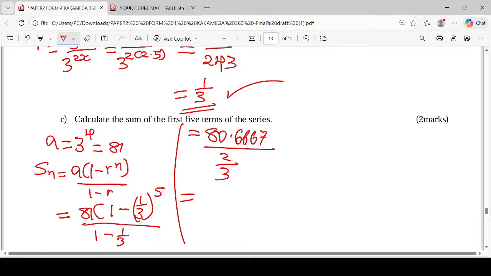When I divide it by 2 over 3, I'm going to get 121 as the sum of the first 5 terms.